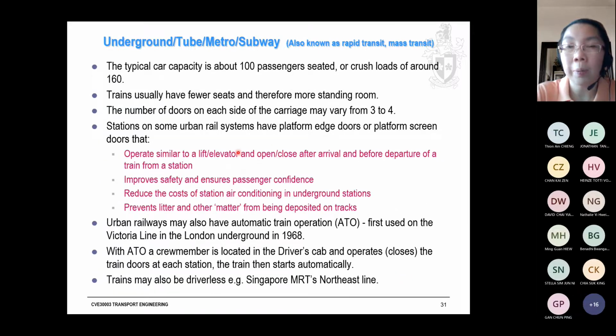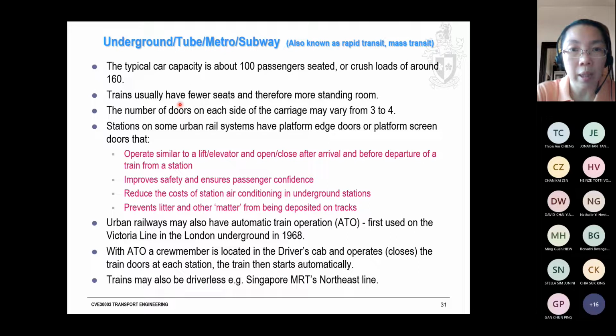Typically we don't provide a lot of seats, about 100 passengers seated, or crush loads of around 160. Crush load means packed like sardines. Typically we see this during peak hours. People just push their way in, so that is crush load.